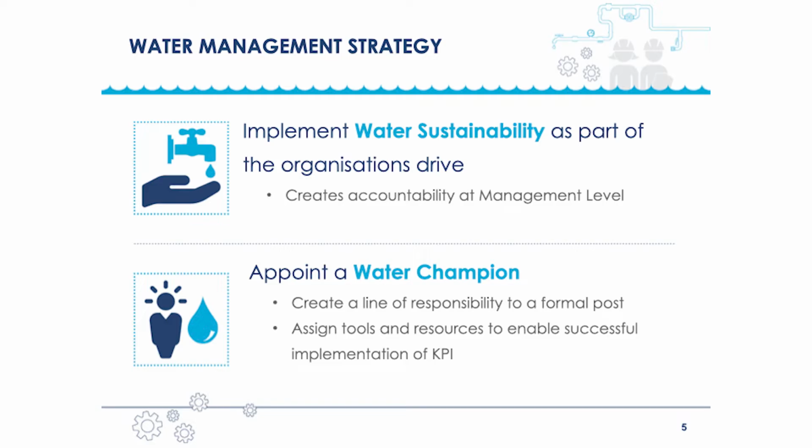They should also appoint a water champion who would report to a formal position and be equipped with the necessary resources, with the key performance indicators, so that a water efficiency drive is implemented.